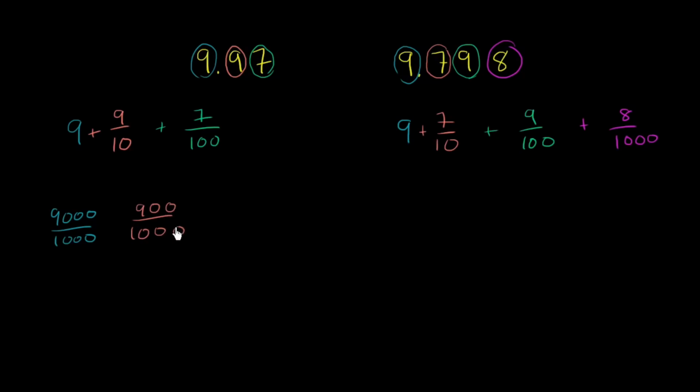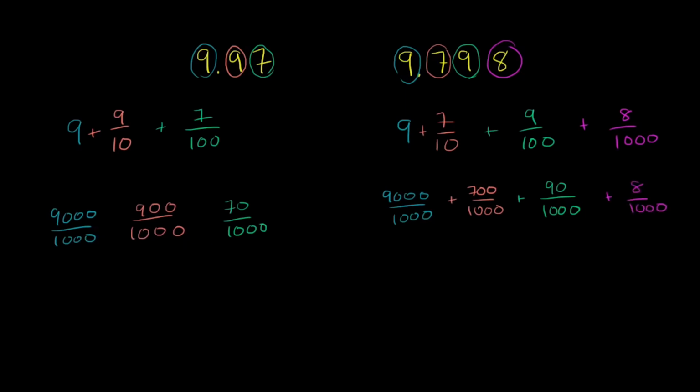Multiply by 10 again, you get 900 thousandths. 7 hundredths multiplied by 10 is 70 thousandths. And let's do that over here. Once again, 9 is 9,000 over 1,000, plus 700 over 1,000, plus 90 over 1,000, just multiply the numerator and denominator by 10, plus 8 over 1,000.